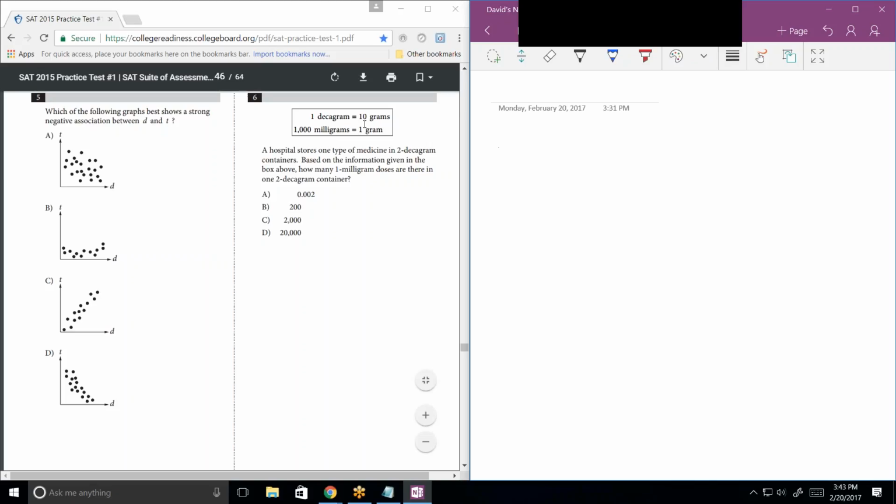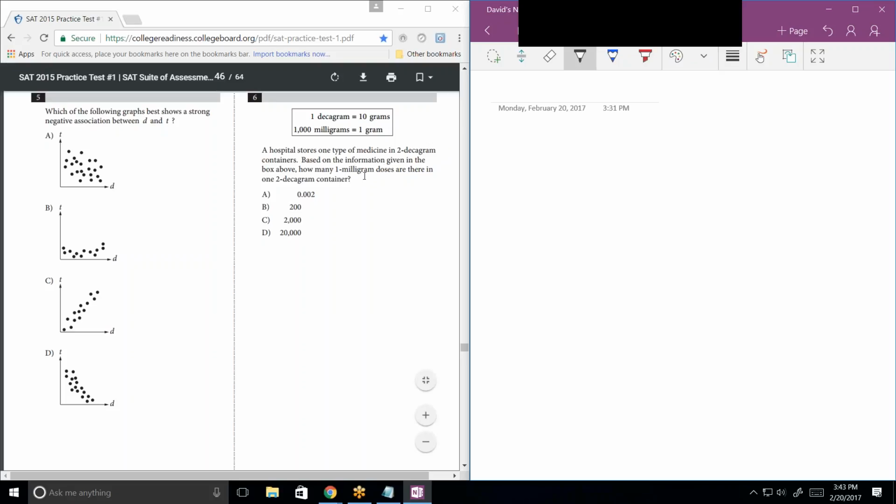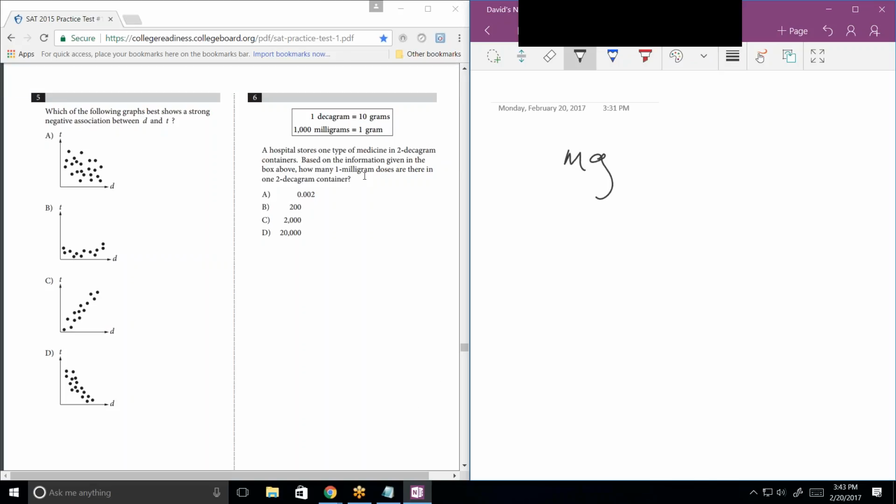I mean, you're going to run into all kinds of problems in math where you have to do numerous unit conversions. Okay? Well, they want to know how many milligrams are in 2 decagrams, so we would like to end up with milligrams per decagrams.